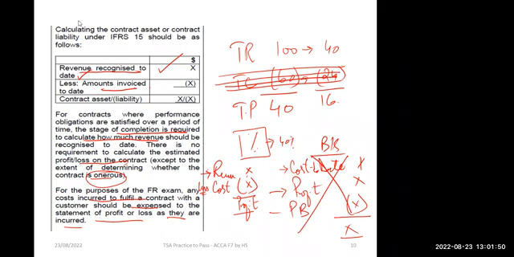So if it was a loss making contract, then you need to book the full amount of the loss in first year.